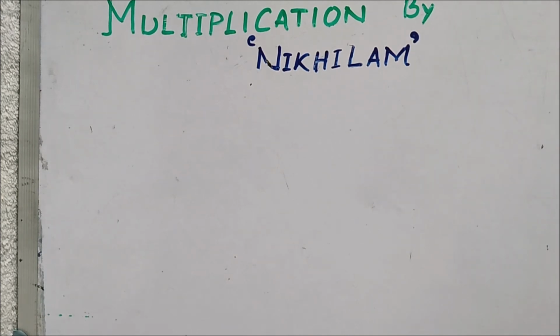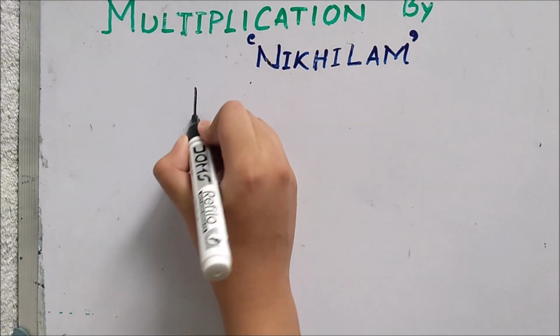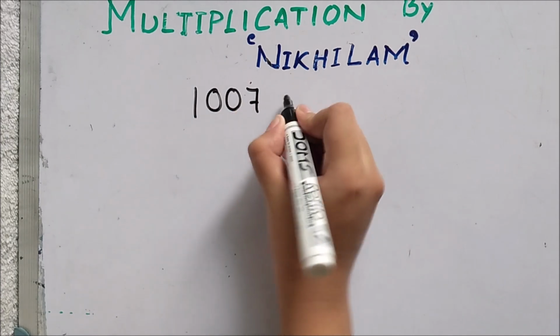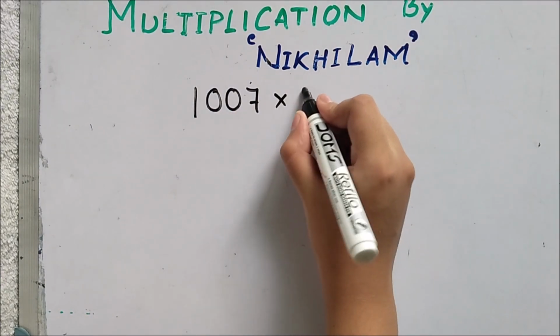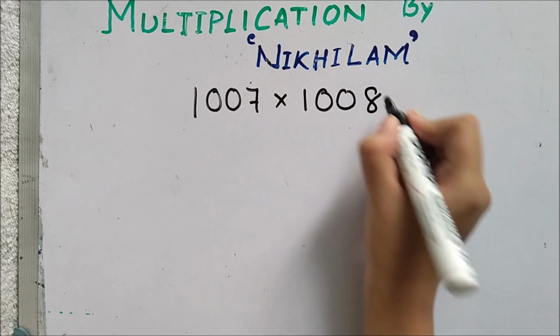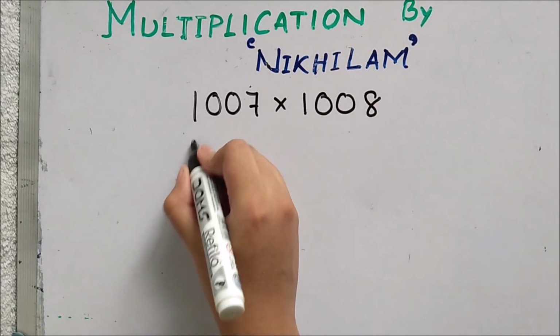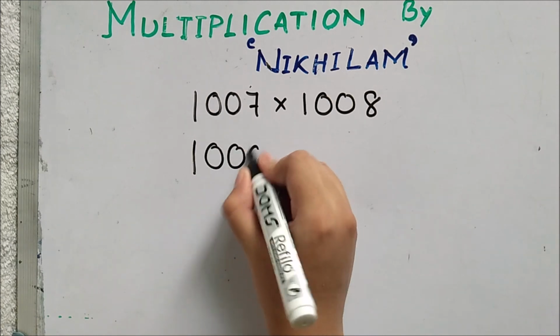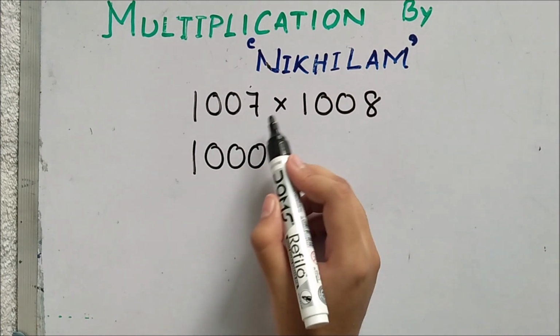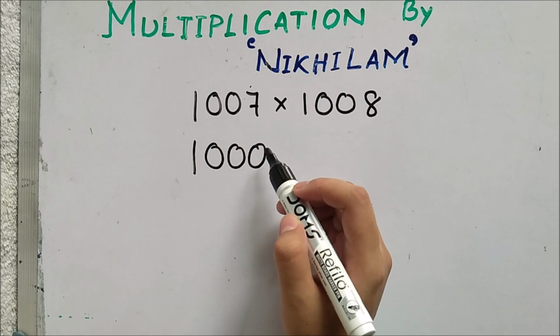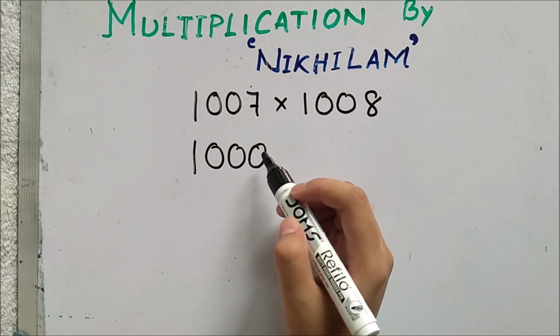Our first example will be 1007 into 1008. Like previously, we will take the base as 1000 since both numbers are just greater than 1000 and near to 1000.